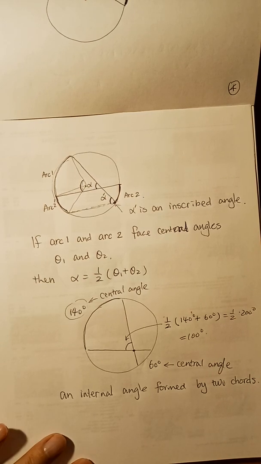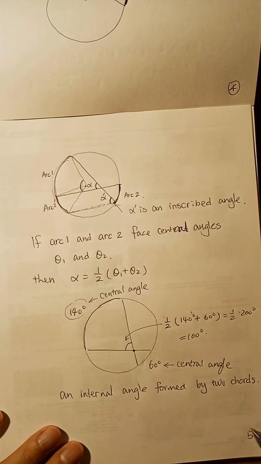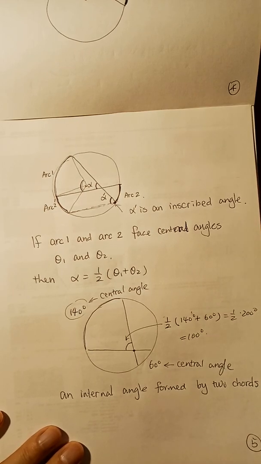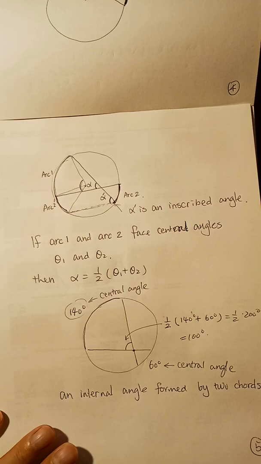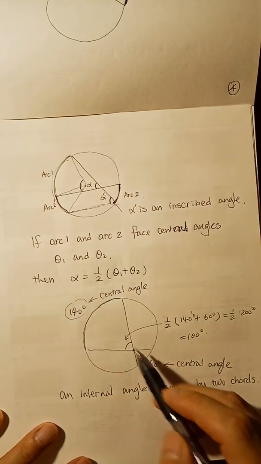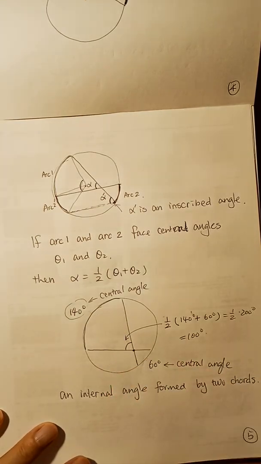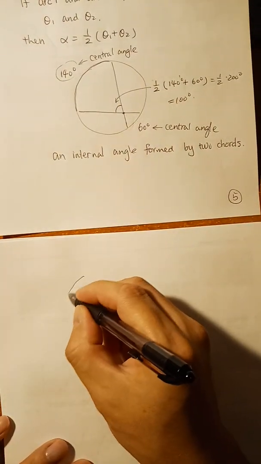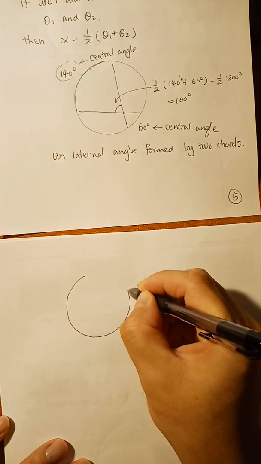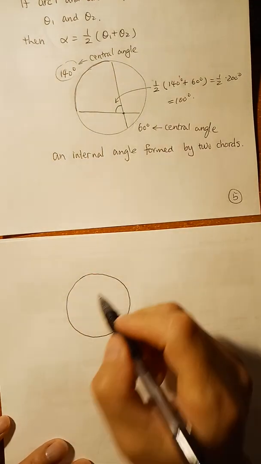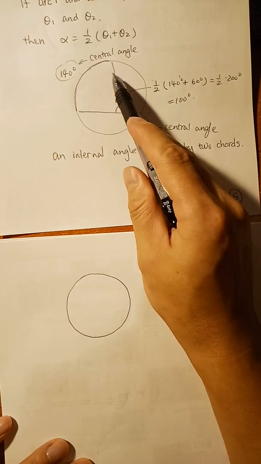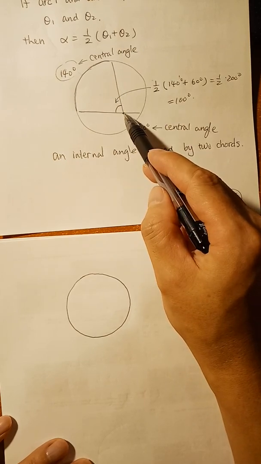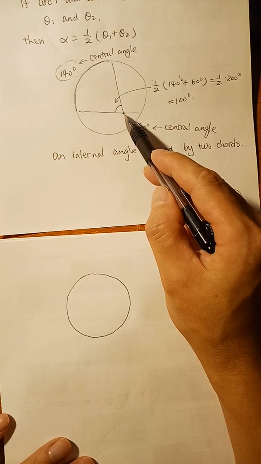Okay, internal angle formed by 2 chords. So the internal angle is half of the sum of 2 central angles. An internal angle is formed when those 2 chords intersect inside the circle.